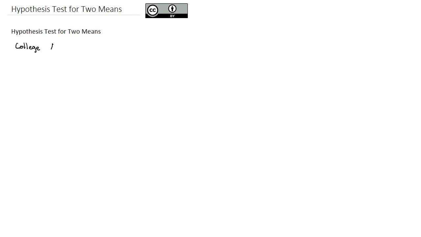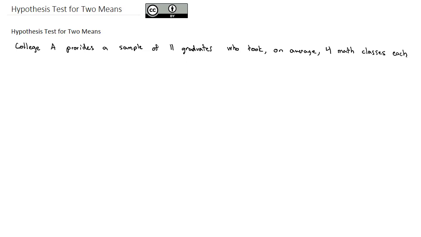So College A provides a sample of 11 graduates who took, on average, 4 math classes each with a standard deviation of 1.5 math classes.